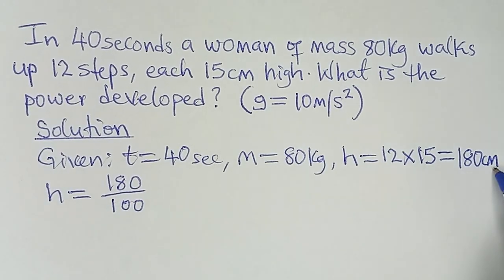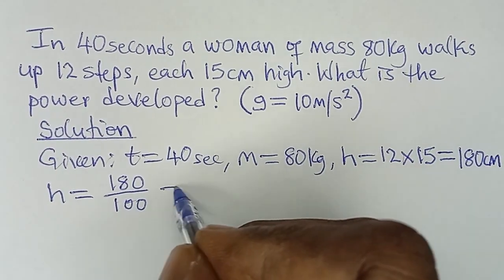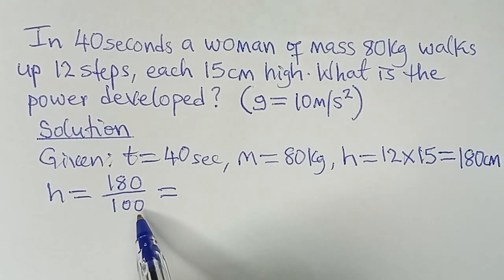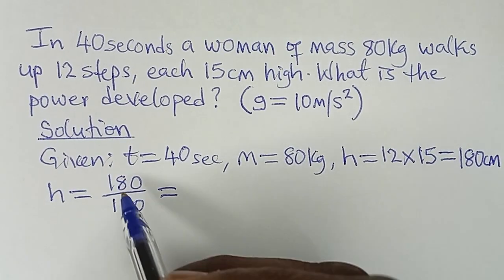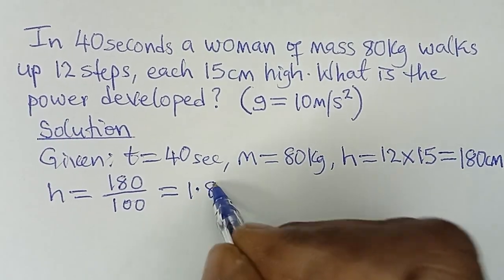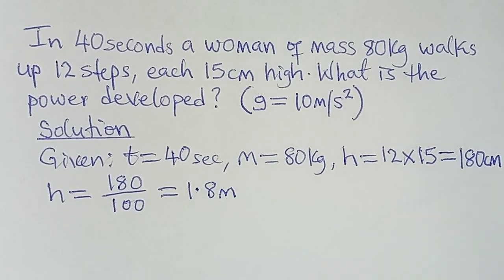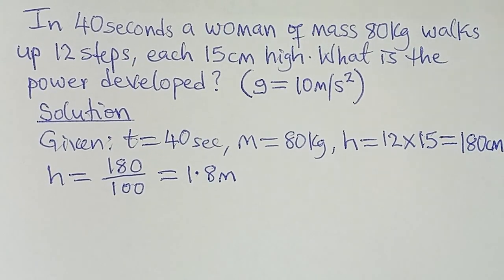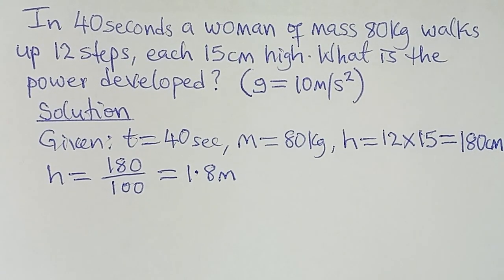So to convert from centimeter to meter, you simply divide by 100. That's how to convert from centimeter to meter. So 180 divided by 100 will simply give us 1.8 meters. So that is the height that the woman climbed, 1.8 meters.